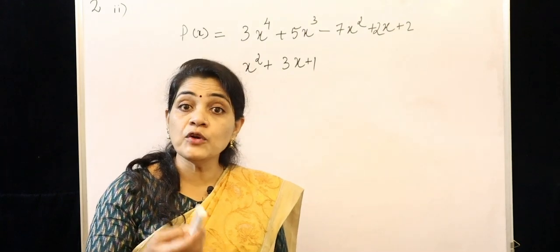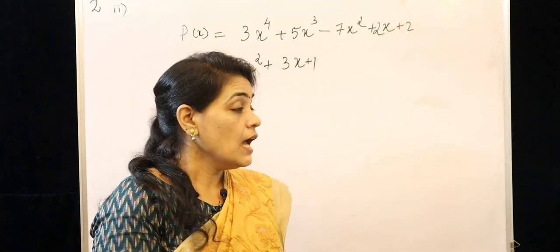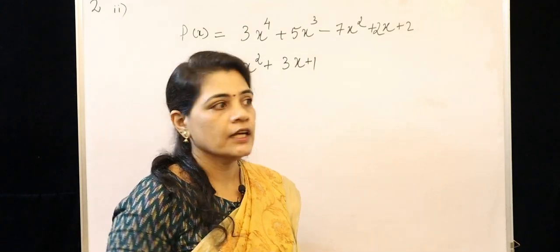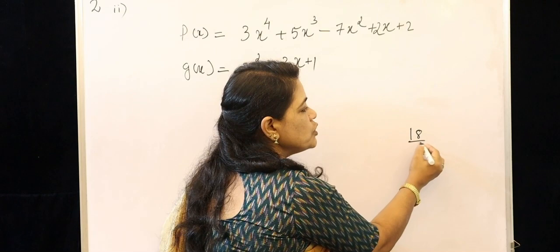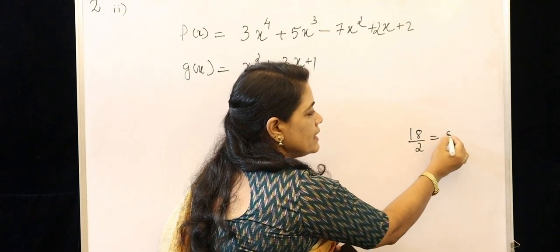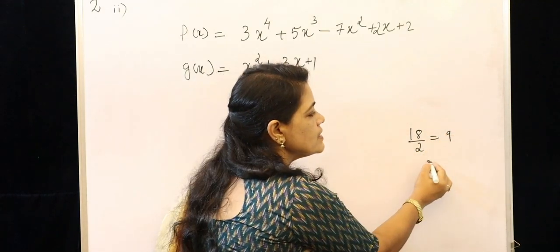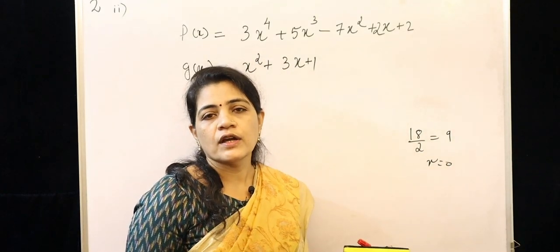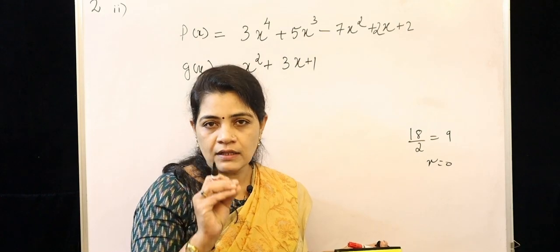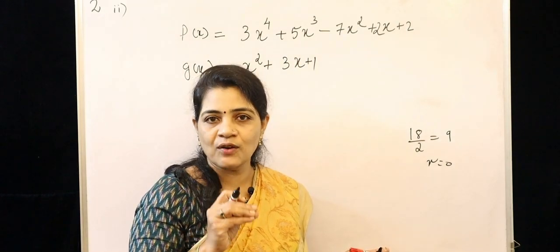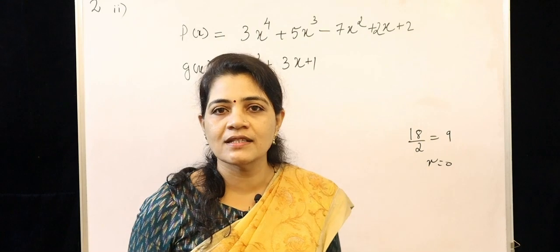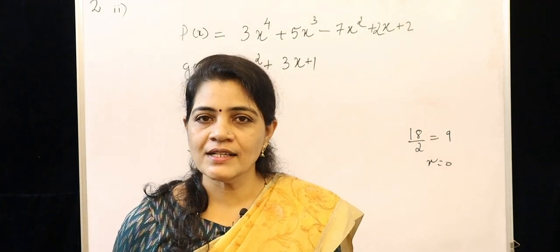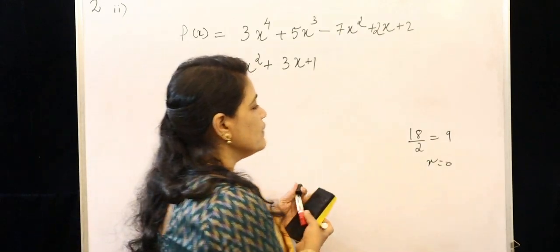See children, with a numerical example, we can say that 2 is a factor of 18, that means if you divide 18 by 2, you will get 9 as the quotient and the remainder is 0. The same idea we are applying here. If you divide p of x by the g of x and we can show that the remainder is 0, then the given g of x is a factor of p of x. Understood, children? So let us start division.